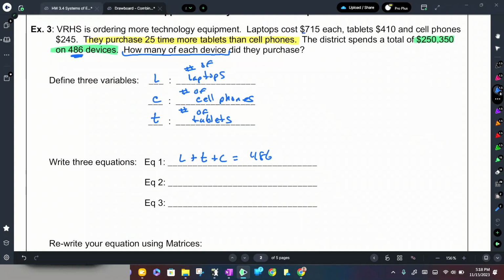We know that laptops cost $715, so 715L, plus each tablet cost 410, 410T, plus each cell phone costs $245C, and that's equal to $250,350.